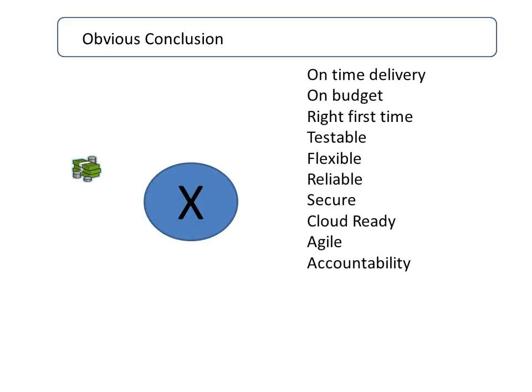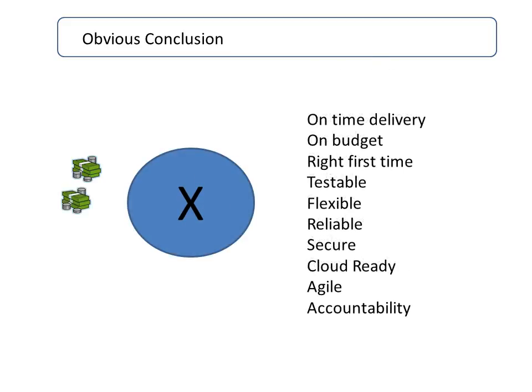The obvious conclusion from this is that cost is an indirect factor. What that means is that cost is having an impact on these attributes, but it's doing so indirectly. There's actually some other factor, X, that cost is affecting. And this indirect factor, X, it's what's driving the rest of these attributes. So as the cost increases, the X increases, and that brings down the attributes.